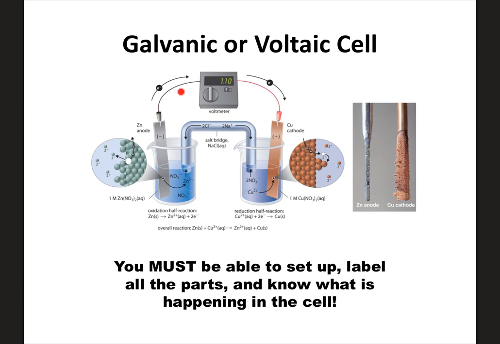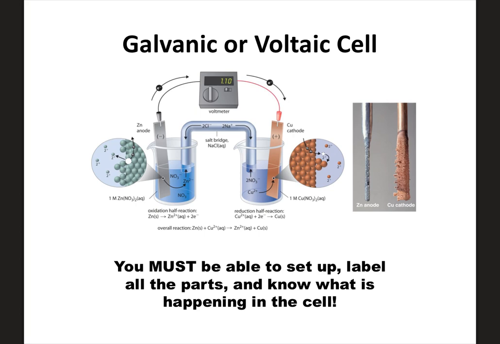All right. As those electrons travel through the wire here and generate the current, they come over here to the cathode side. And you see the copper side here is labeled the cathode. This is where reduction takes place. Reduction is gaining of electrons. So the Cu2 plus ions here in the solution on this side are gaining those electrons and becoming solid copper here.